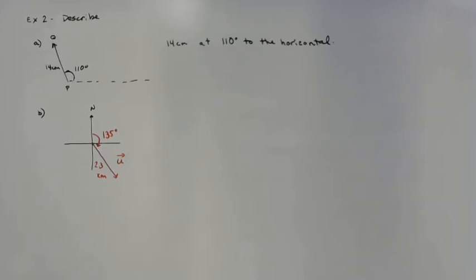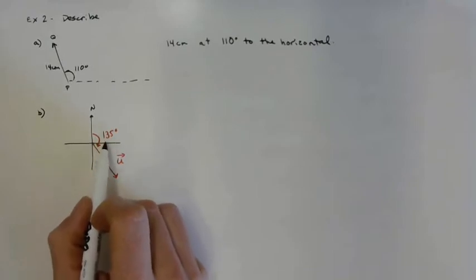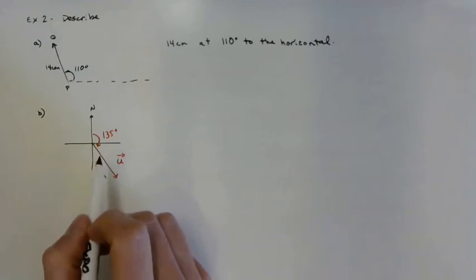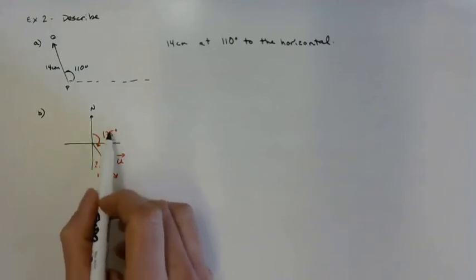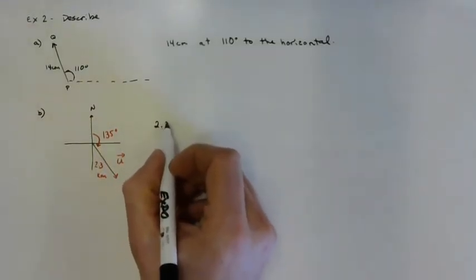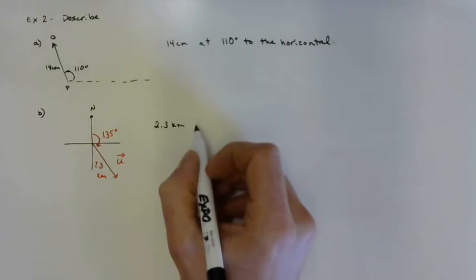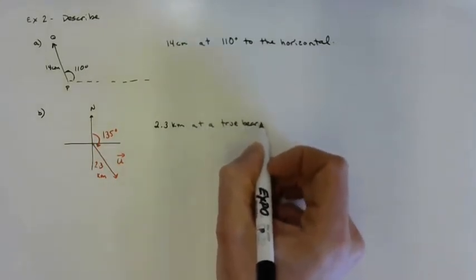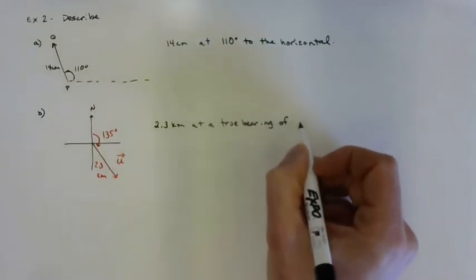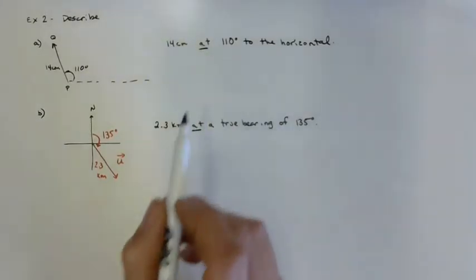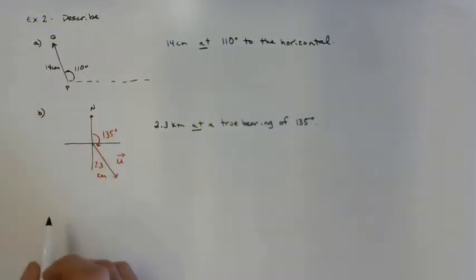So this is using a true bearing. It's not a number between 0 and 90, so I know it's not a quadrant bearing, and it doesn't tell me the direction that it's heading to. It just gives me a 3-digit bearing from north. So this is a true bearing, 2.3 kilometers at a true bearing of 135 degrees. This little word "at" is the connection between the magnitude and the direction.